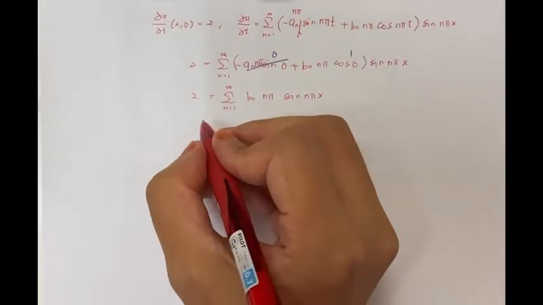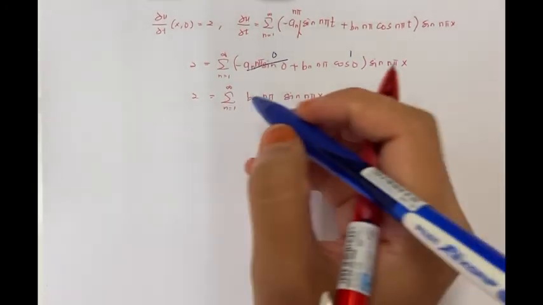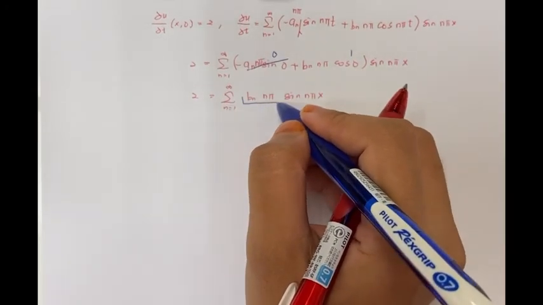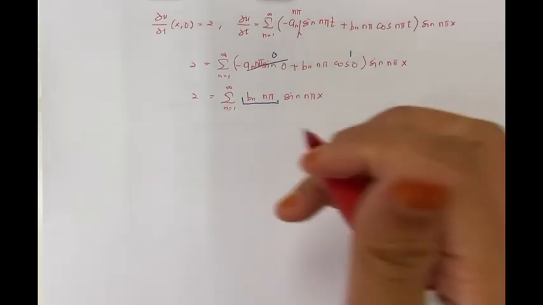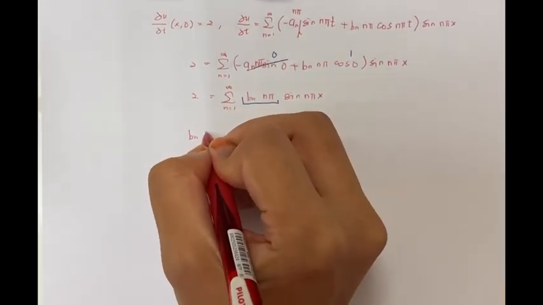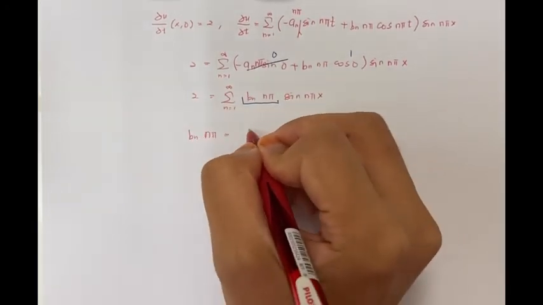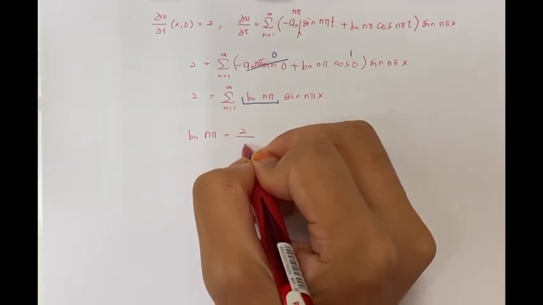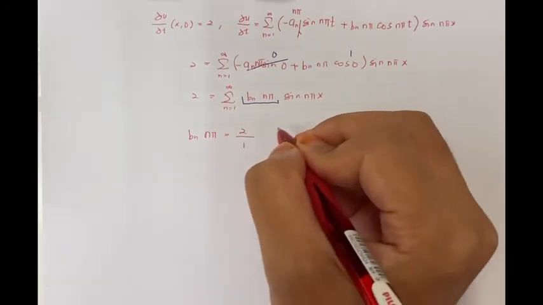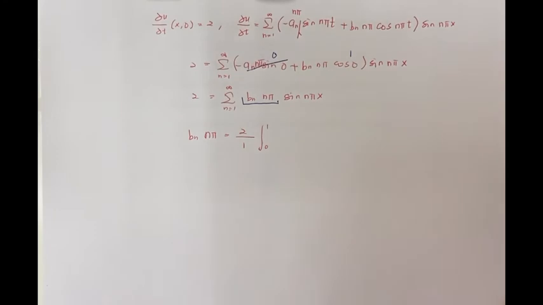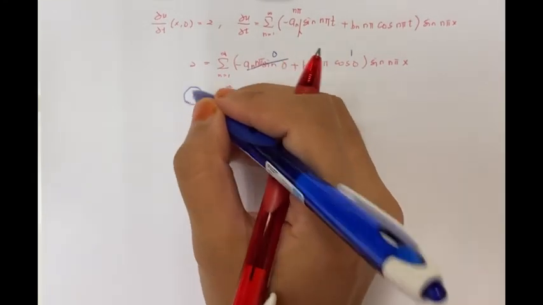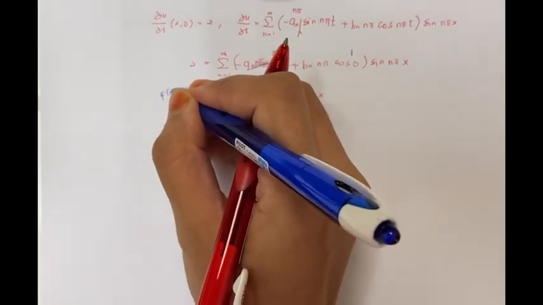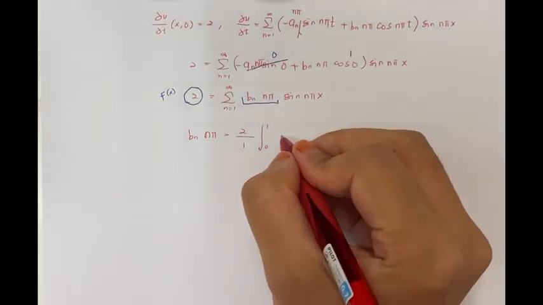Okay, to find the b_n, you cannot just have the b_n because you have b_n n pi. You have extra n pi. So b_n n pi is equal to 2 divided by L, which is equal to 1, integration 0 to 1. This is your f(x). This 2 is your f(x). So constant f(x) is constant 2.